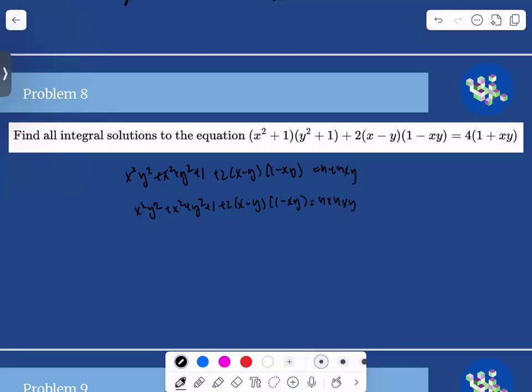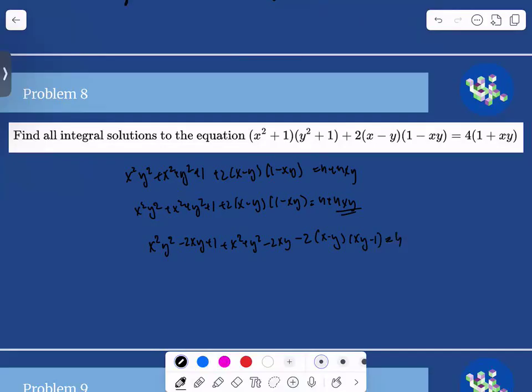And then we can take the 4xy to the left-hand side and distribute it into two xy's, and we would get x squared y squared minus 2xy plus 1 plus x squared plus y squared minus 2xy minus 2 times x minus y times xy minus 1 is equal to 4.